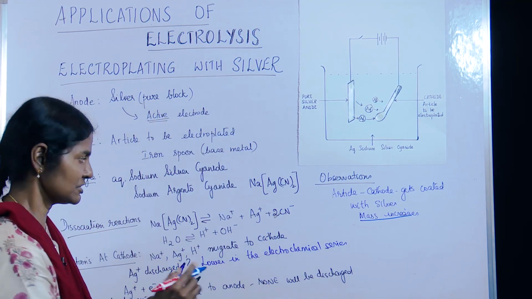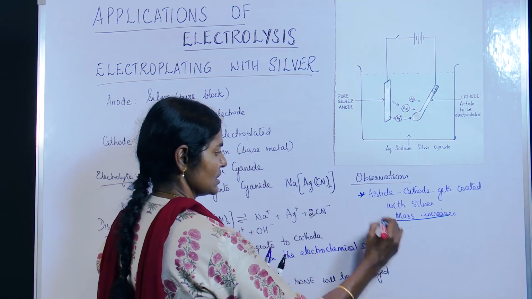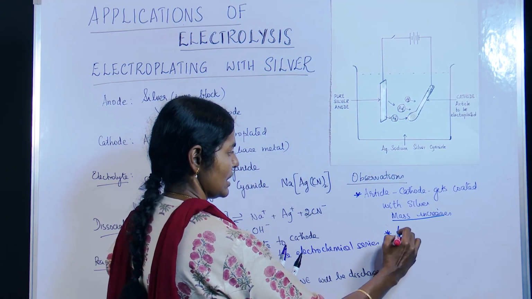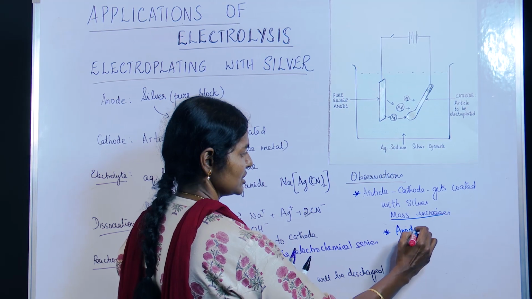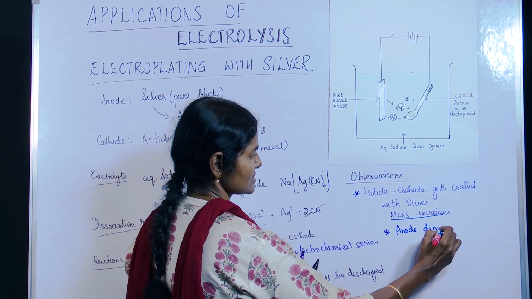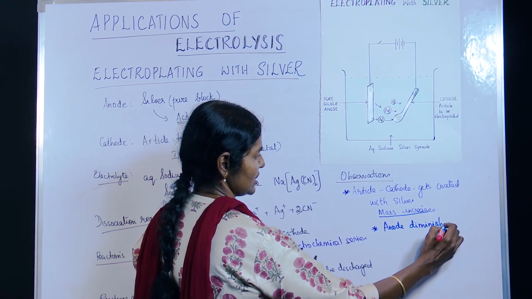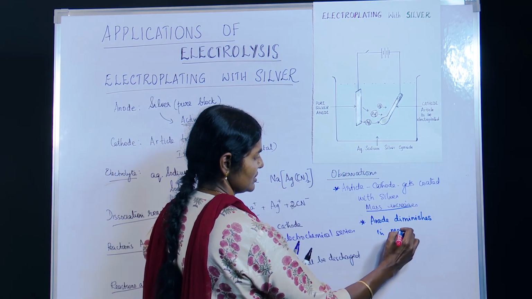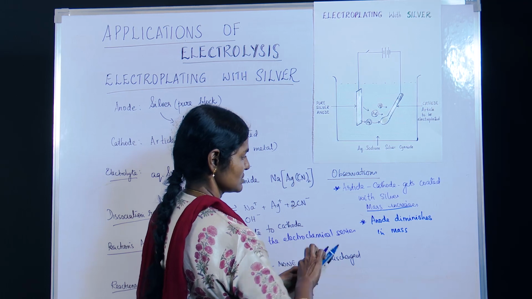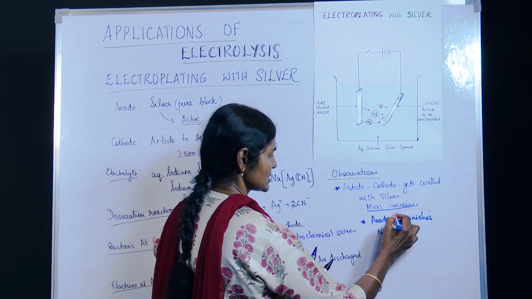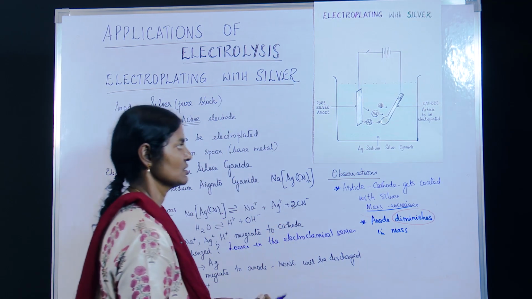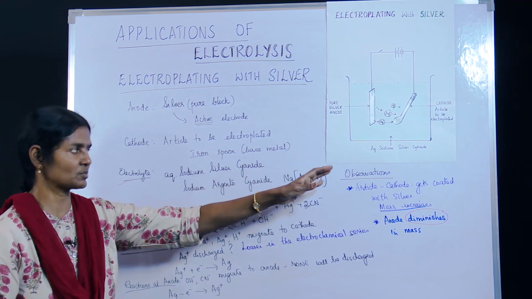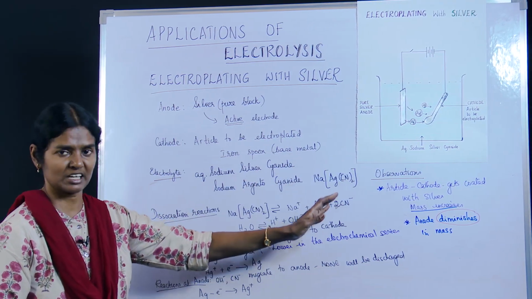Okay, that is the first thing that we see. The second one, of course, the anode diminishes in mass. By the end of the experiment, the anode will diminish in mass. So these are the 2 observations that we have for silver plating.